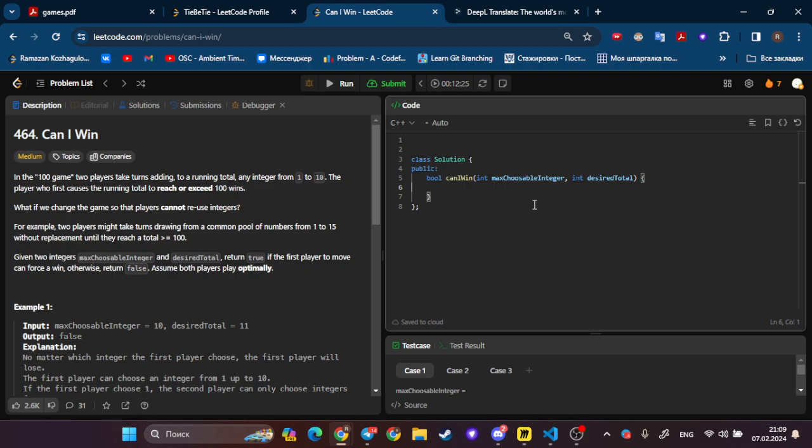Unlike the matches problem, here the count of matches that we can take decreases.